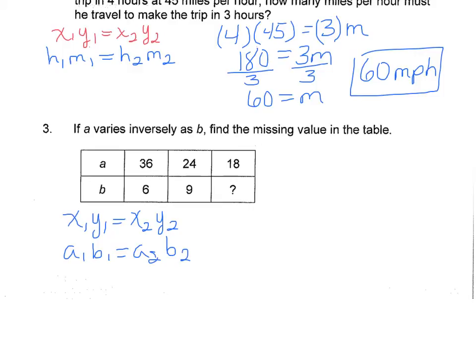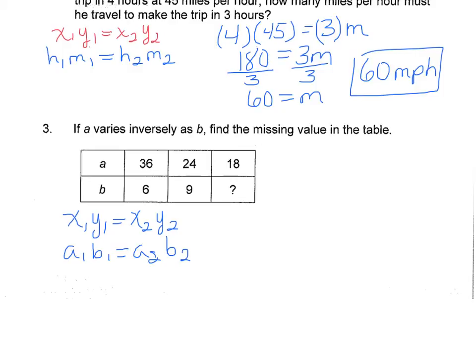Now, we know we're going to have to use 18 and that missing value of B for part of our equation. But which one should we use, 36 and 6 for A1, B1, or 24 and 9? Let's try 36 and 6 and see what we end up with.